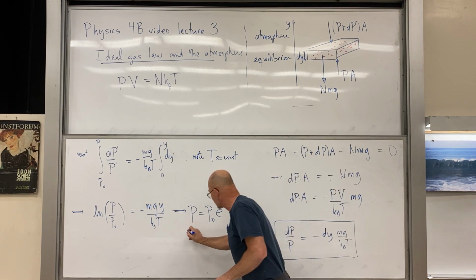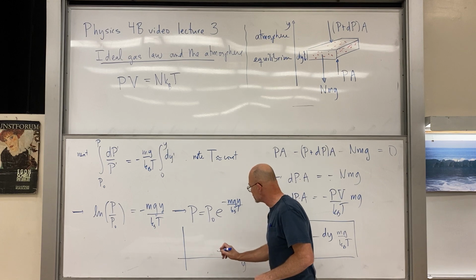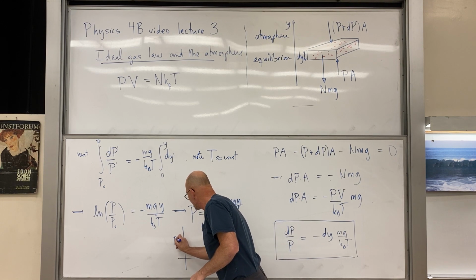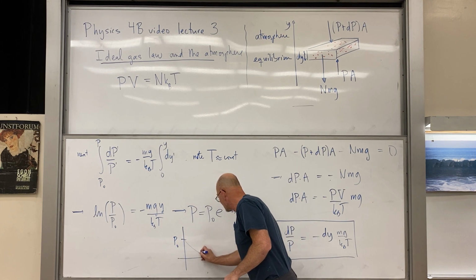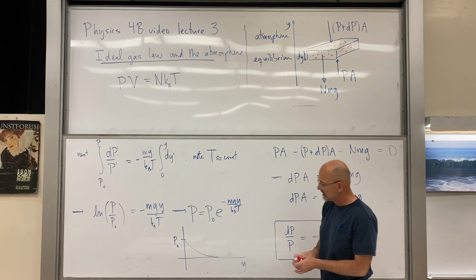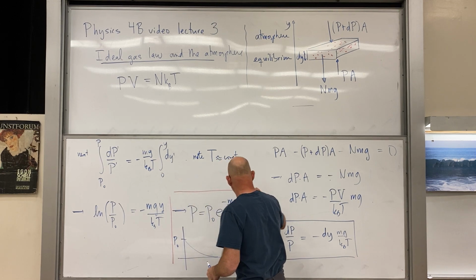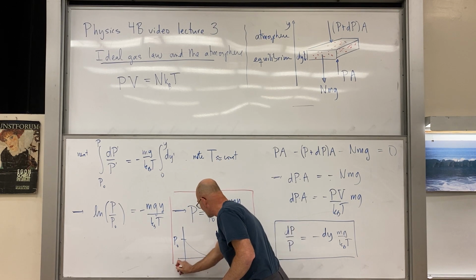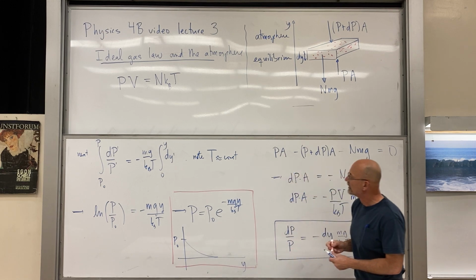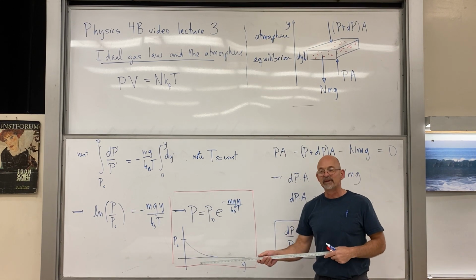And we could even graph this right underneath as a function of y. And it decreases exponentially. Good, let's go ahead and showcase that result. So this is called the exponential atmosphere.